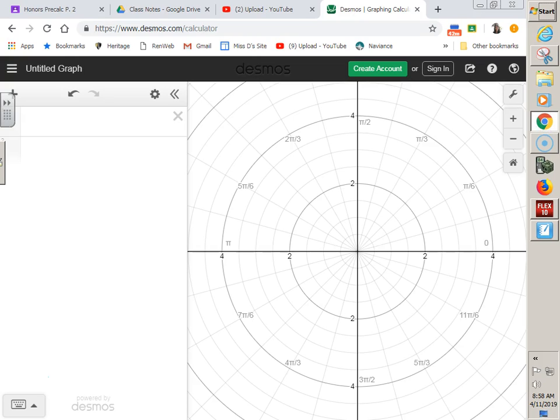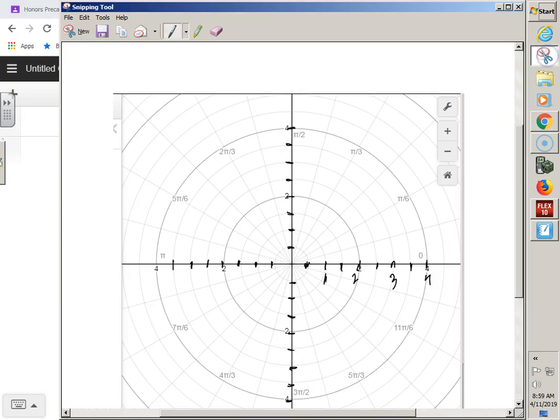Pi over 4, wouldn't that be right here-ish, right? Okay, so if pi over 4 is here, this one's going by 15s, 15, 30, 45, 60, 75, 90. If 45 or pi over 4 is right here, then, guys, if I had all of my circles drawn and we had all of our tick marks, how could I get to pi over 4?